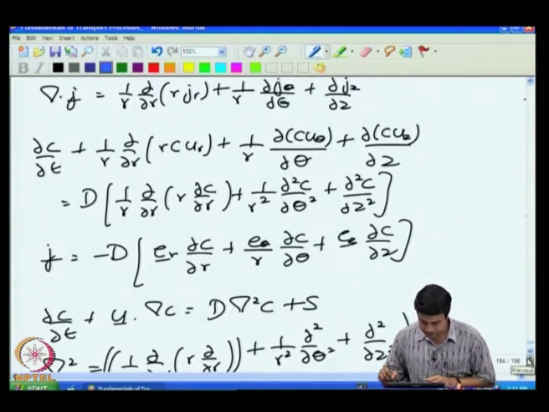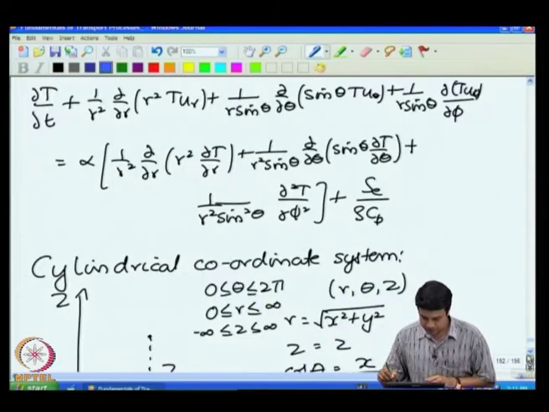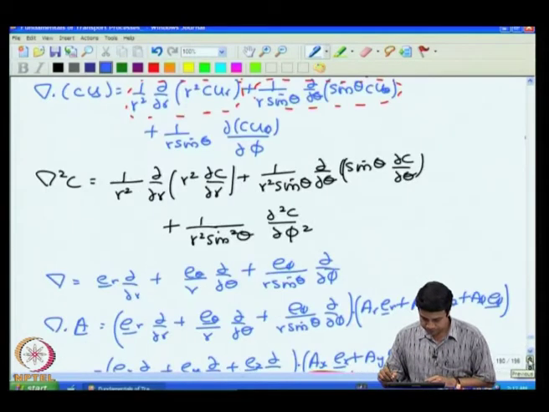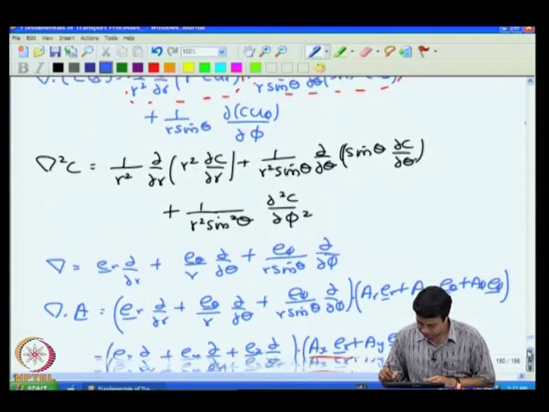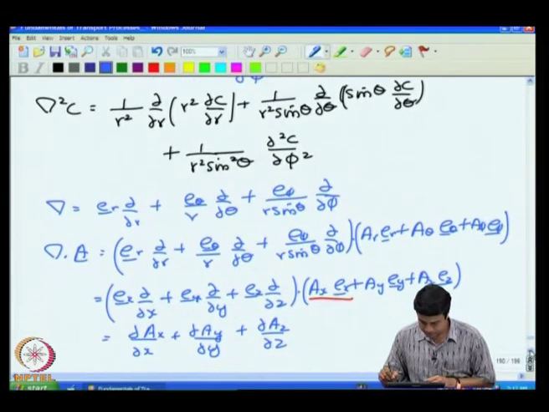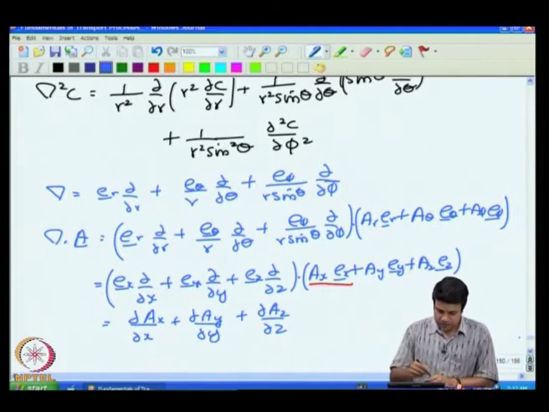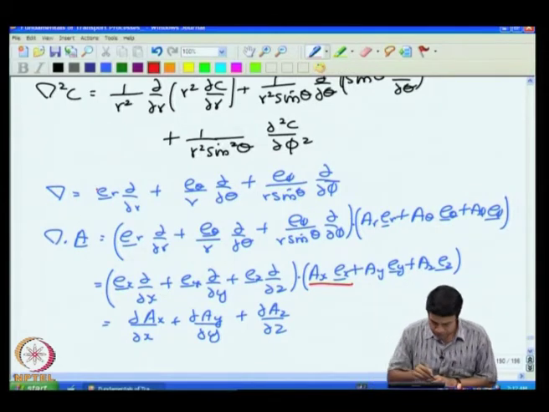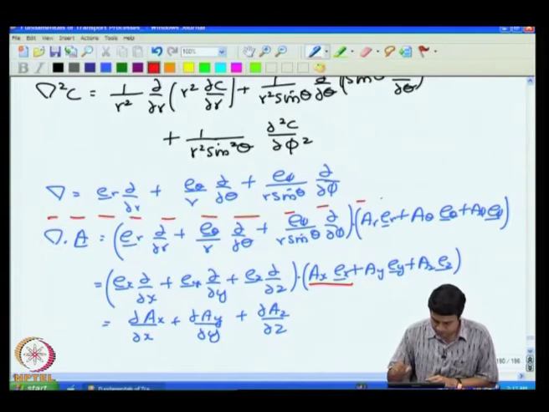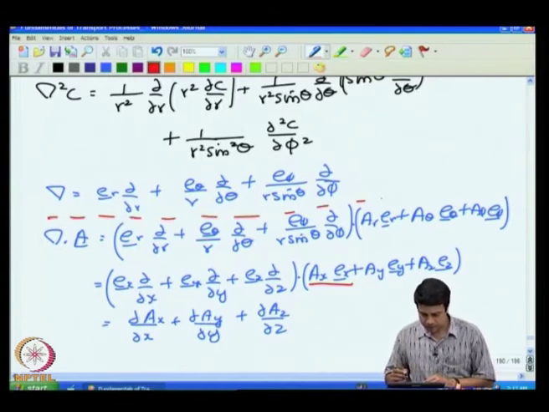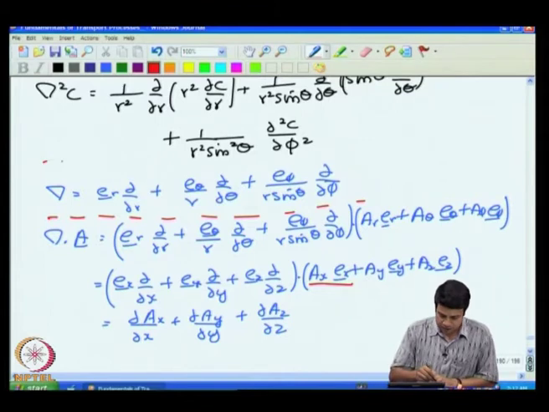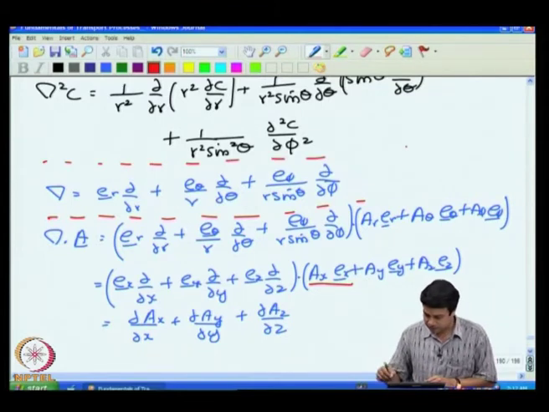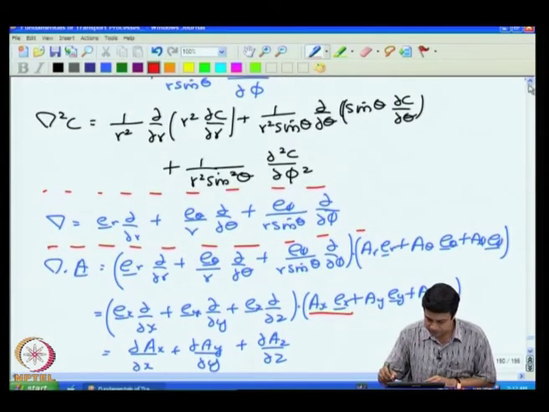As we saw in a spherical coordinate system, this Laplacian operator had, this was the gradient operator, okay, in a spherical coordinate system, and this one was the Laplacian operator in a spherical coordinate system.